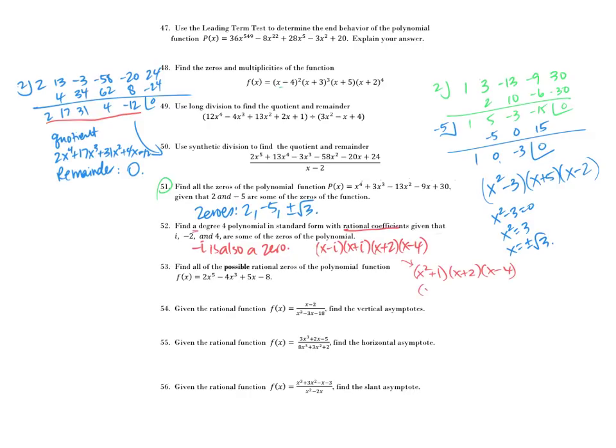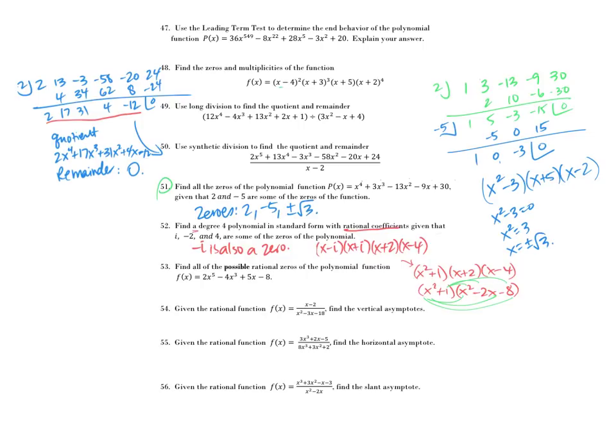And so I'll get x squared plus 1, then if I multiply that out, I'll get x squared minus 4x plus 2x, so minus 2x, and then 2 times negative 4 is minus 8. And then I can multiply this x squared times everything, and the 1 times everything, and we'll see what I get.